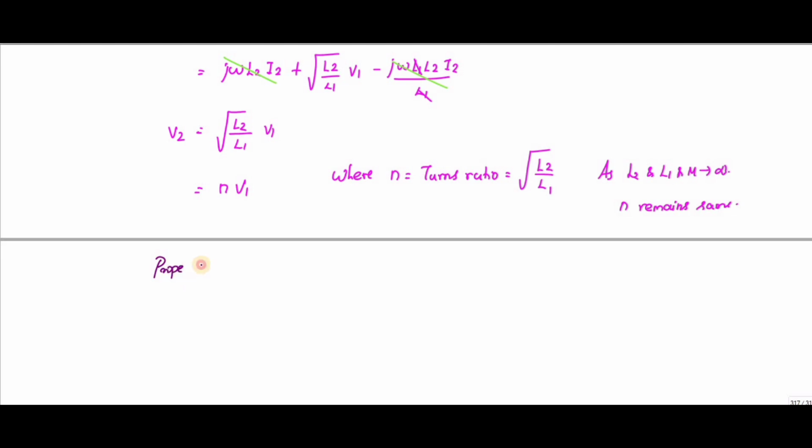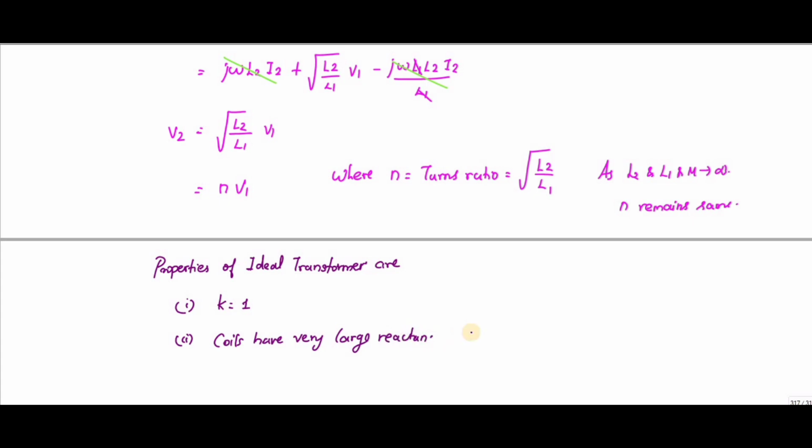Therefore, the properties of an ideal transformer are: the first one is K is equal to 1, which we have already seen, and the coil has very large reactance. What it means is L1, L2 and M reach infinity, which means a very, very big value.